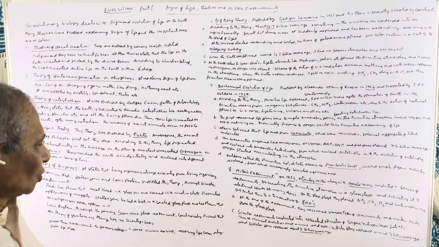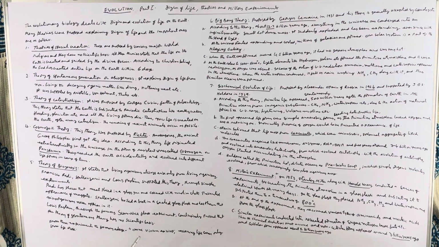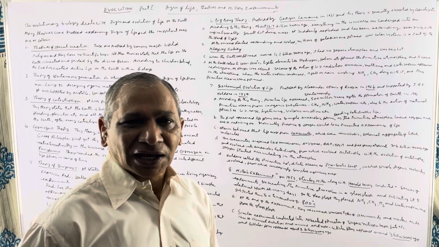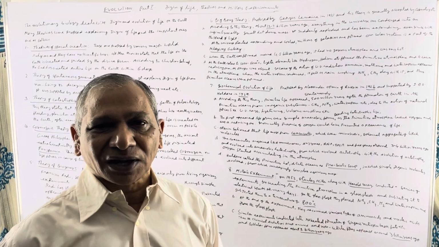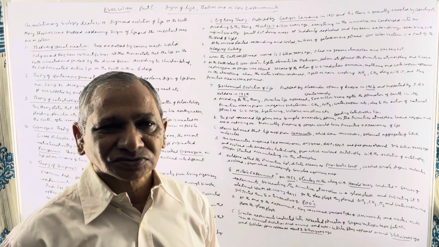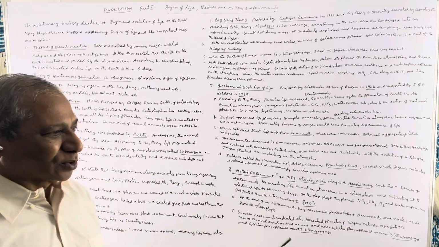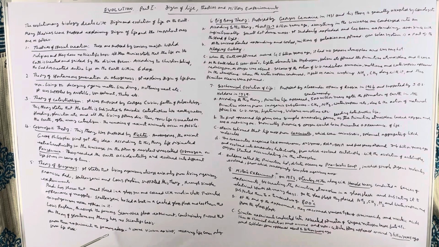According to Louis Pasteur, Spallanzani, and Redi, life appears only from life. Life never appears from non-living things. And they proposed a famous adage, omne vivum ex vivo, that means life comes only from life. Let us see how they disproved the theory of abiogenesis.